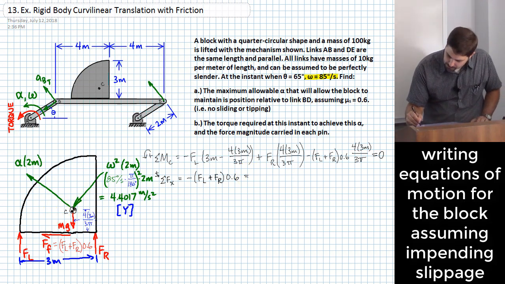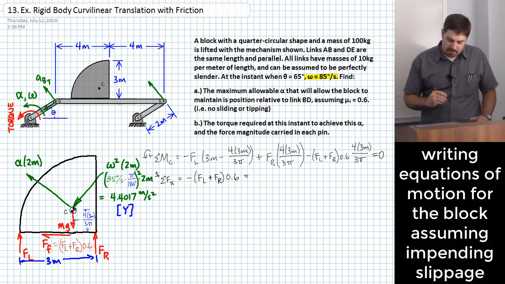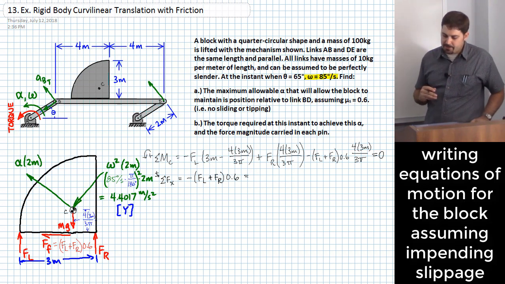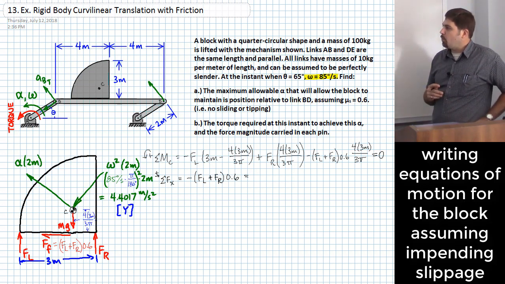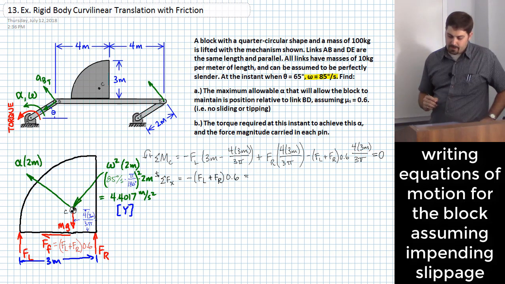Okay, let me actually first identify the angles that I have up here. If I had a theta value that was 0, what direction would my alpha times 2 meters be pointing? If theta was 0, it'd be pointing straight up, okay?